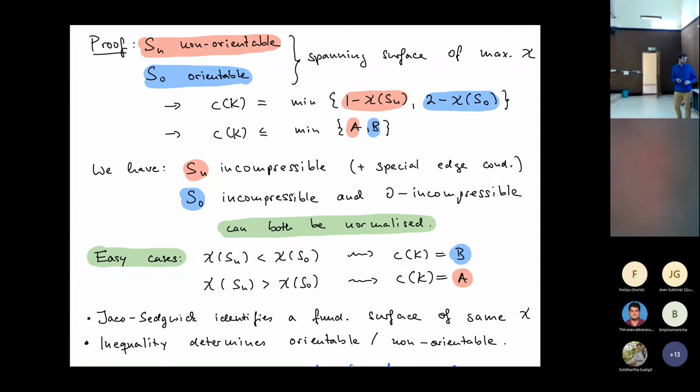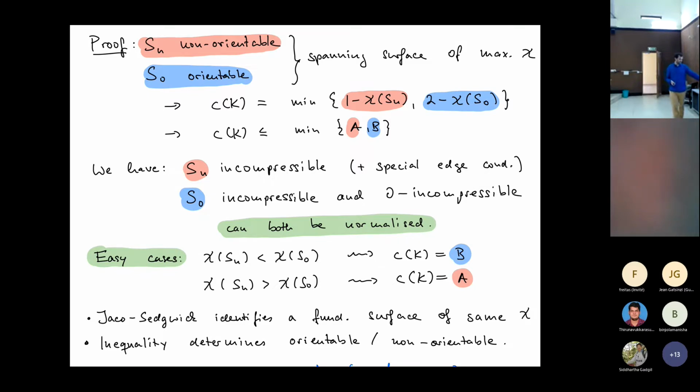So the easy case is where the Euler characteristics of these two things are distinct, right? If the non-orientable one is smaller, then of course B is the answer for the crosscap number, which might be equal to A, but it's B. And if the non-orientable one has lower genus, higher Euler characteristic, then of course it's A.